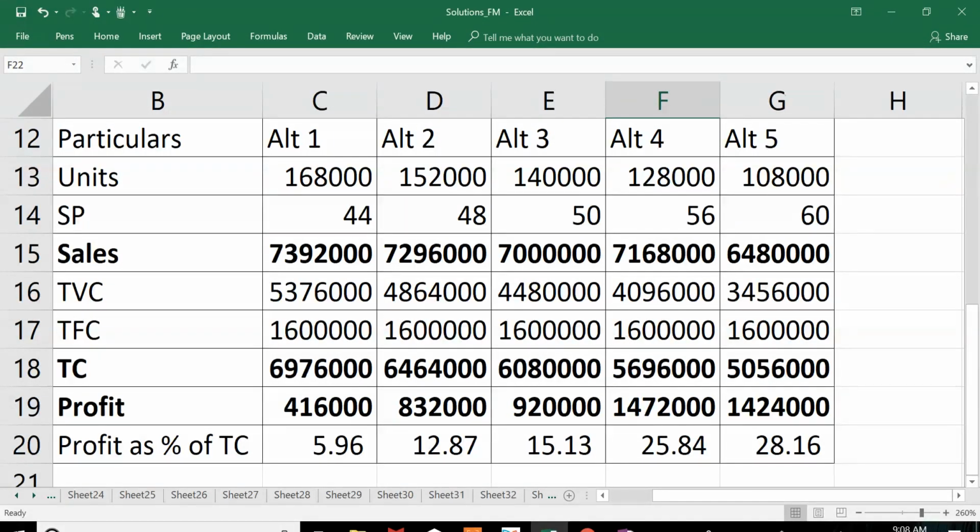This will also help the company in meeting its profit target of 25% on cost.